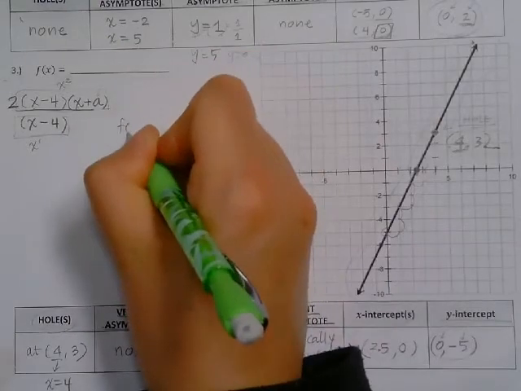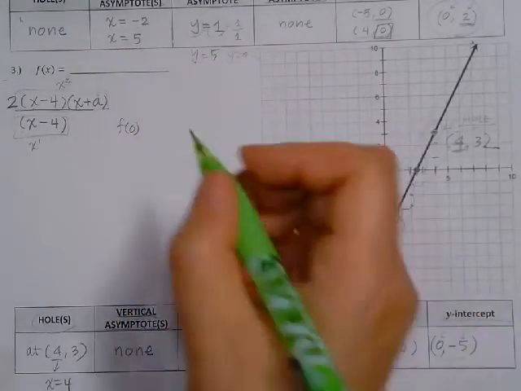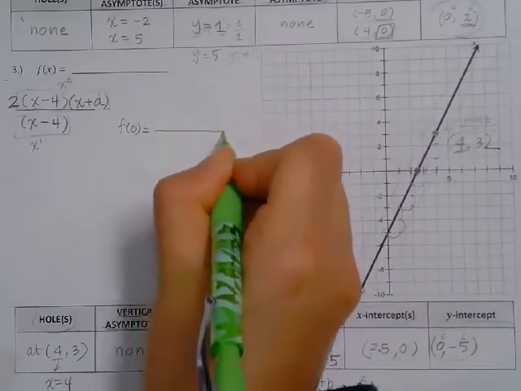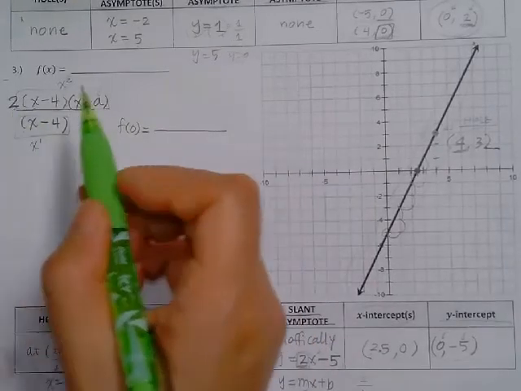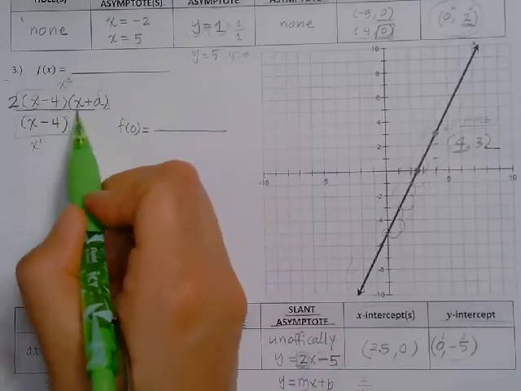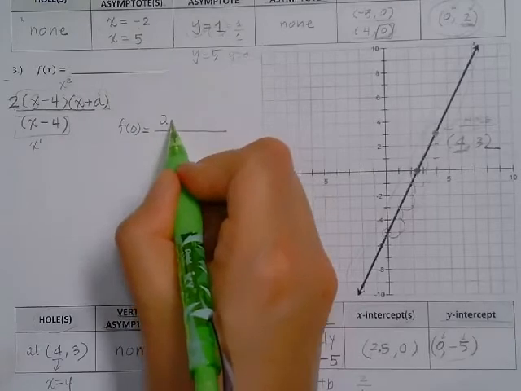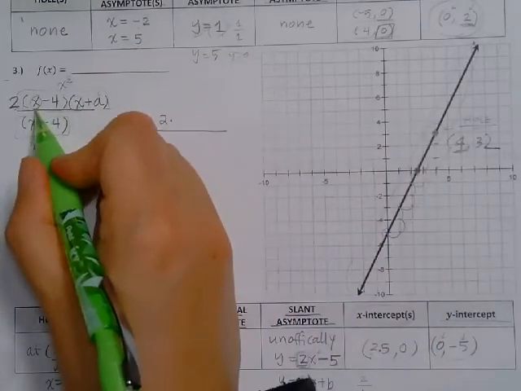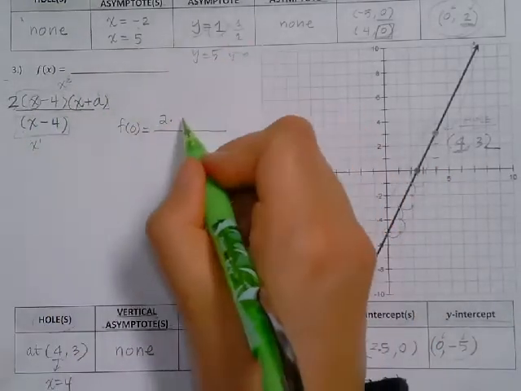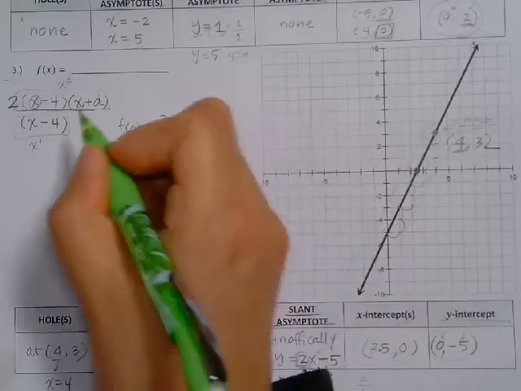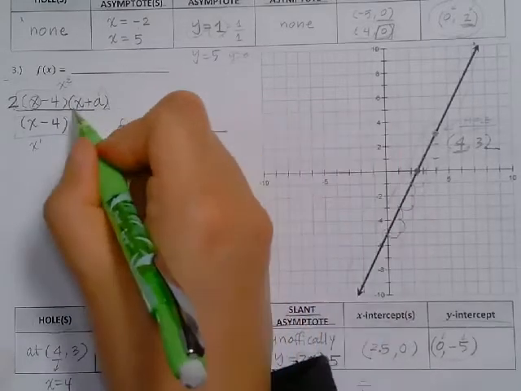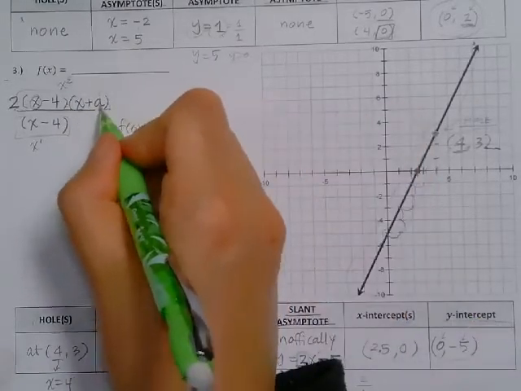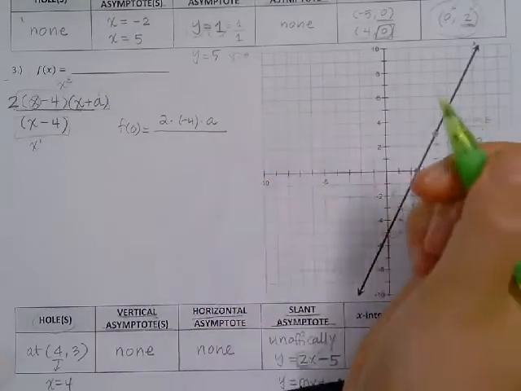So f of 0, then now 2 is 2. This 0 only affects x's, right? So 2 is 2, 2 times x becomes 0. 0 minus 4 is negative 4 times another one. This x becomes 0, and then 0 plus a is just a.